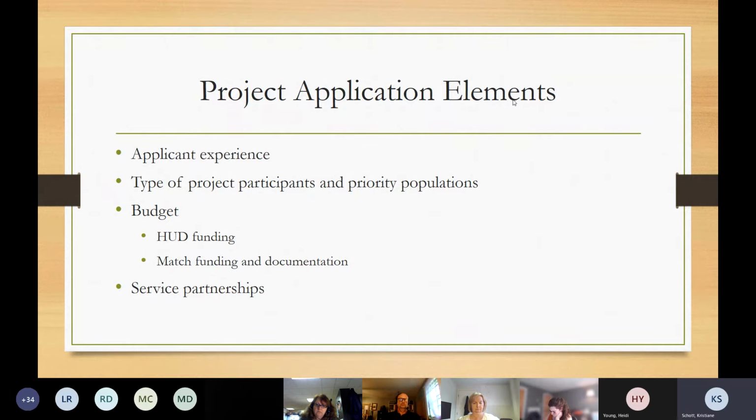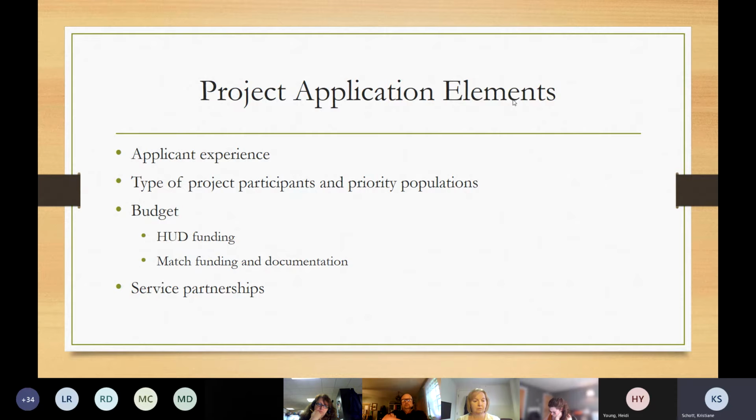So when we are looking at actual project application elements, for both renewal and new project applications for all the subrecipient agencies, we are looking at the applicant's experience. What type of project are you proposing? What type of participants? Who are your priority populations? Are you looking at serving chronically homeless?